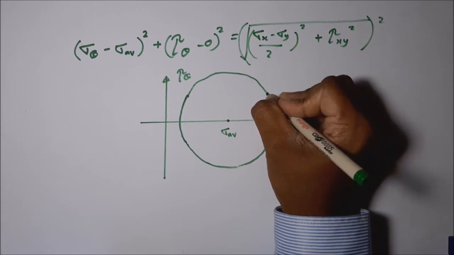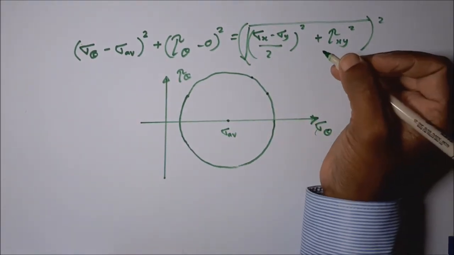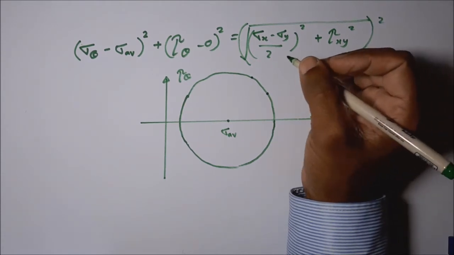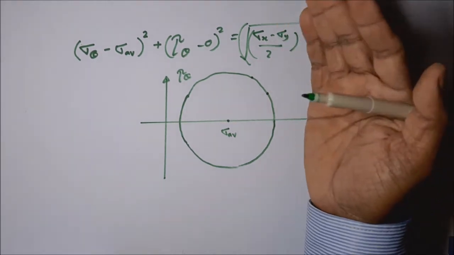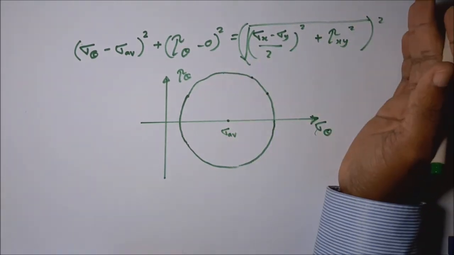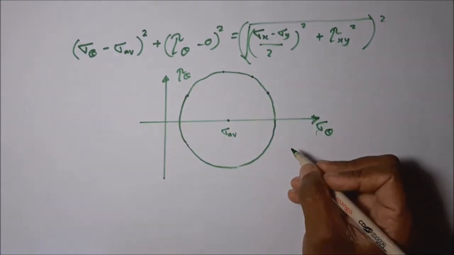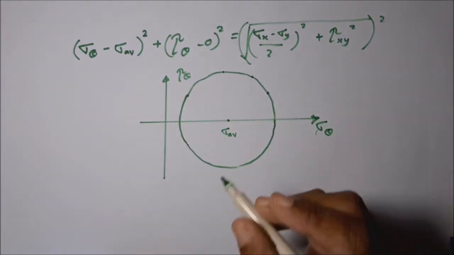Each and every point on this circle represents certain stresses, the normal stress and the shear stress acting on a certain inclined plane.